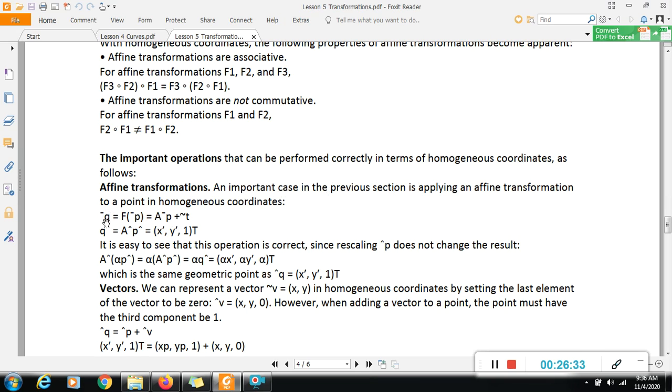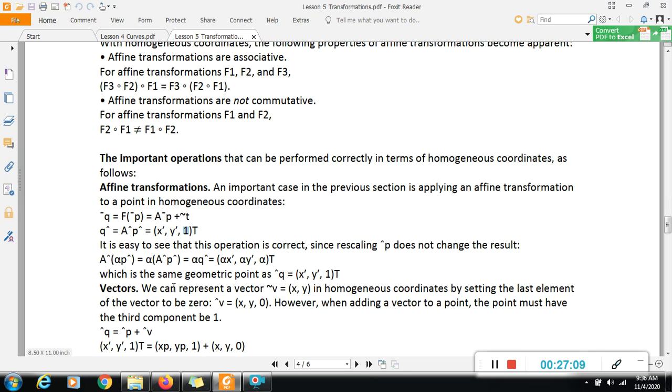If we have a point Q, and we apply a homogeneous transformation to it, what we get is the transformed point, x, y transformed, and the newly added coordinate alpha. It is easy to see that this operation is correct, since if we want to go back, we just divide by alpha and get the result, which is reversed to 1 again.